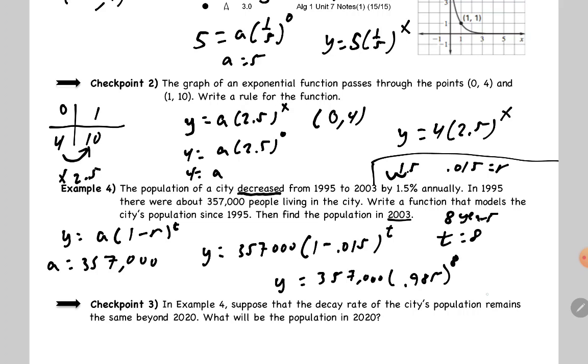Plug it in your calculator, so 0.985 to the 8, and then times 357,000, and we will get 316,342 people. And this is approximate.